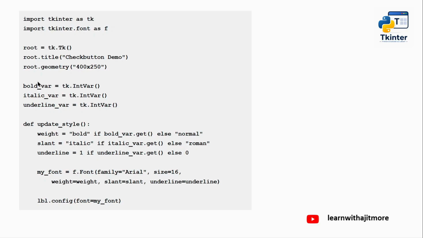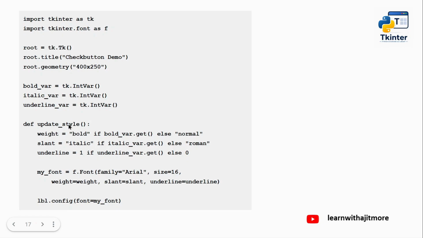Understanding, guys? Okay. So for three checkboxes, I've created three variables. All are IntVar. Currently, I'm dealing with IntVar. Then we are writing one function called update style. Def update style.